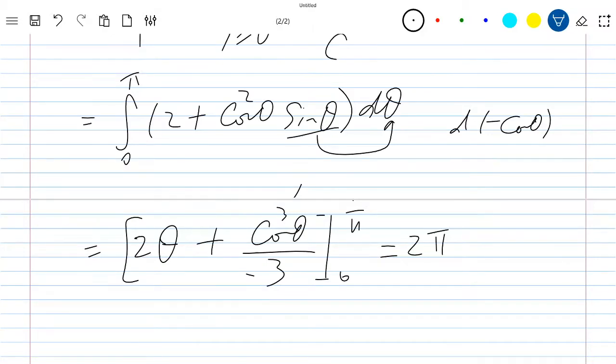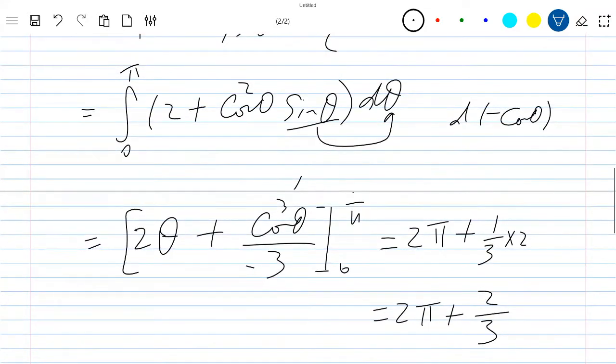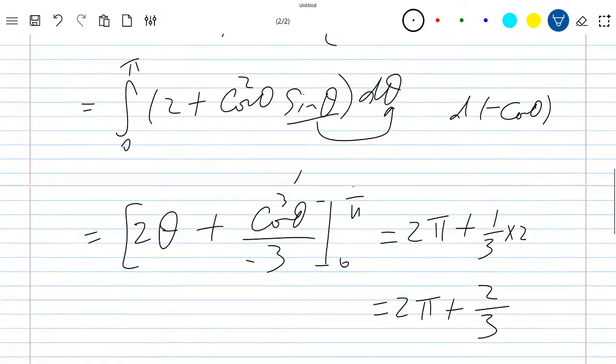Negative 1 divided by 3 is -1/3. Then plugging in 0, you get 1/3 subtracted, so it becomes 2/3 in total. All right, so it's 2 pi plus 2/3. So that's what you have.